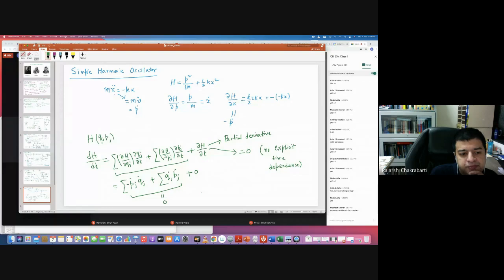So basically it tells you that the whole thing is 0, which means if you have a Hamiltonian which has no explicit time dependence, its total time derivative is 0, which tells you that the energy of the system is conserved. So the Hamiltonian is a constant of motion. You understand this?